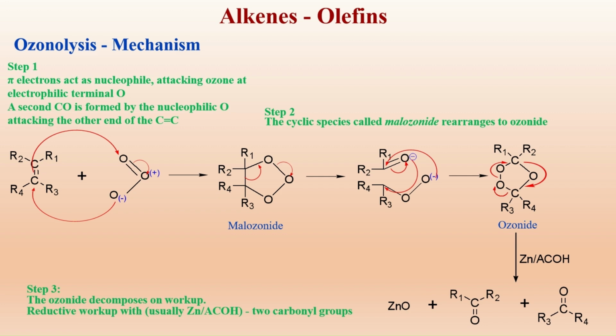This is the electrophilic addition of ozone across the carbon-carbon double bond and its reductive cleavage to give rise to carbonyl compound. And this is one of the methods for the preparation of carbonyl compounds.